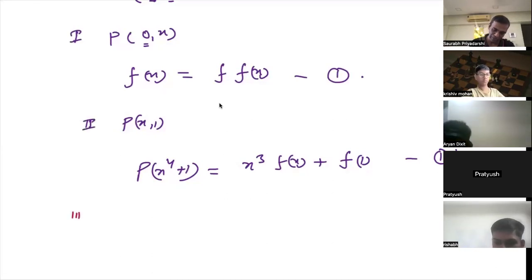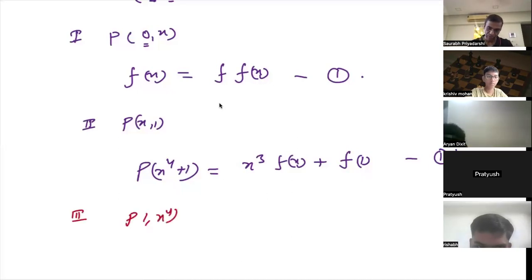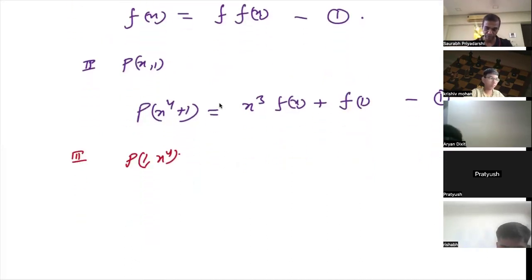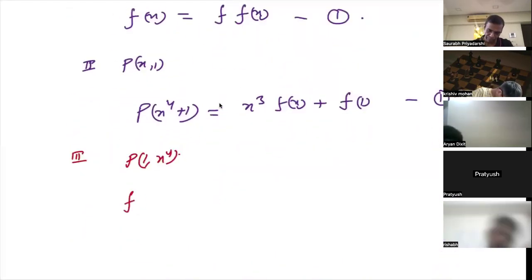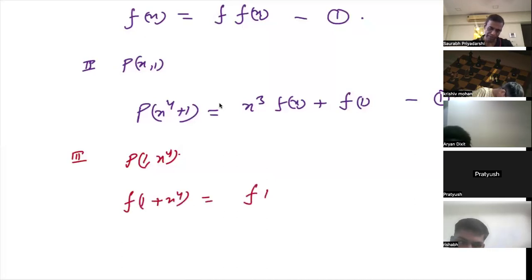Now I'm going for the third. What if I put 1 and x to the power 4, because I have to make both the functions the same. So f of 1 plus x to the power 4 is equal to f of 1 plus f of x to the power 4.